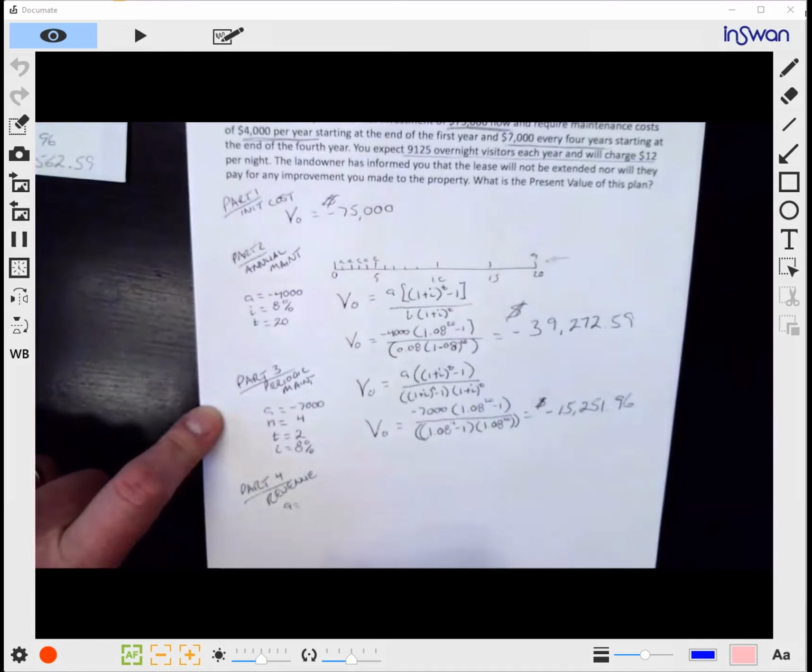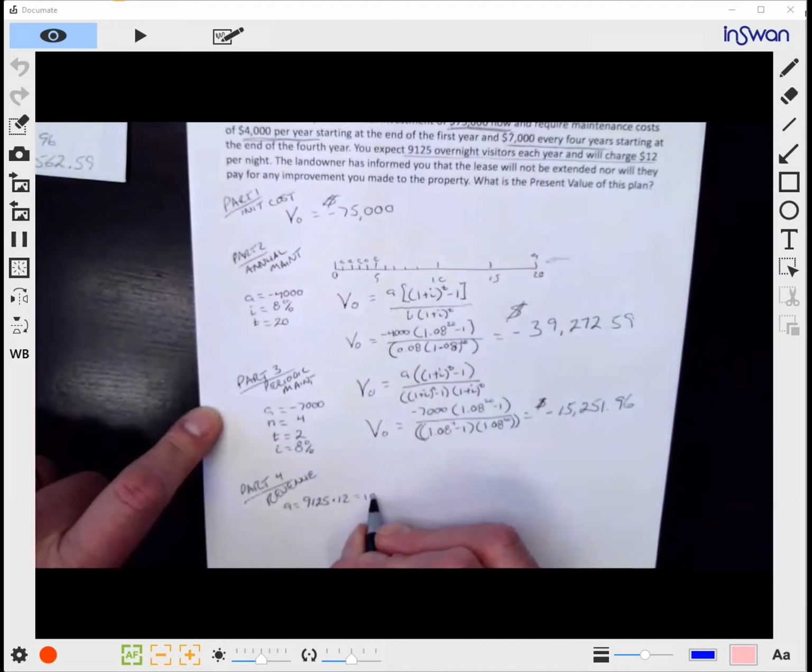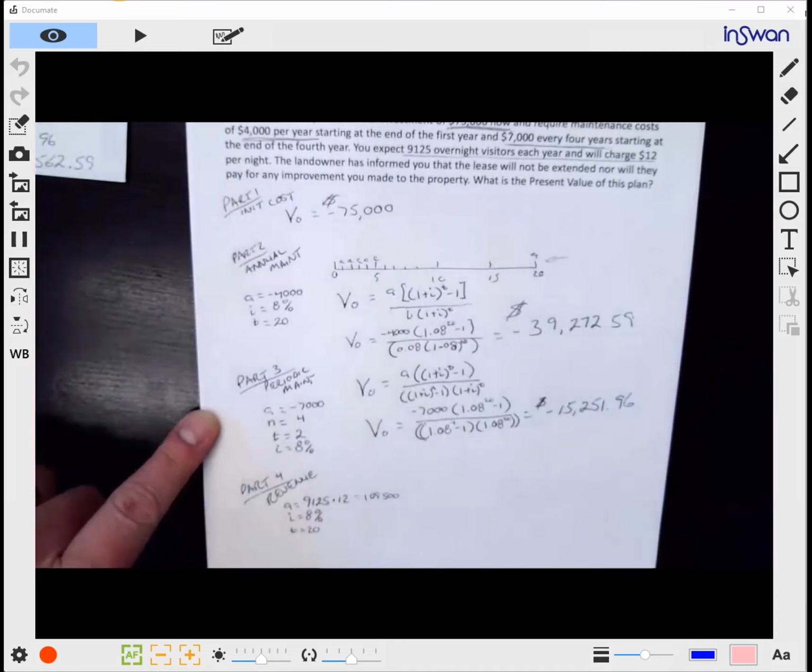In this case, the A is going to be the 9,125 visitors at $12 per visit, and that's going to equal 109,500. Just like above, I have an i of 8% and a T of 20.